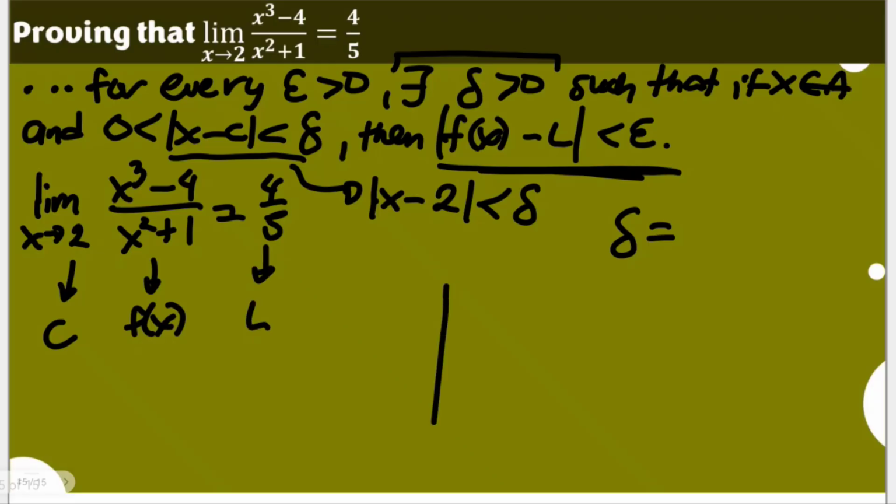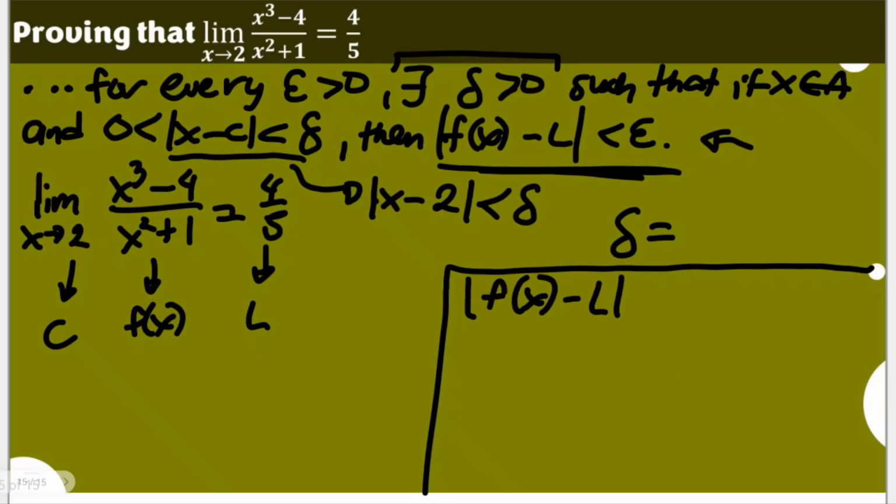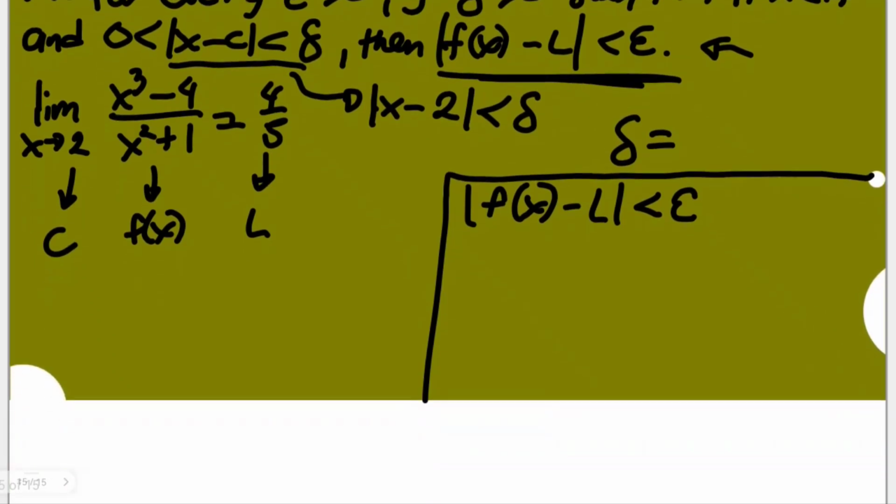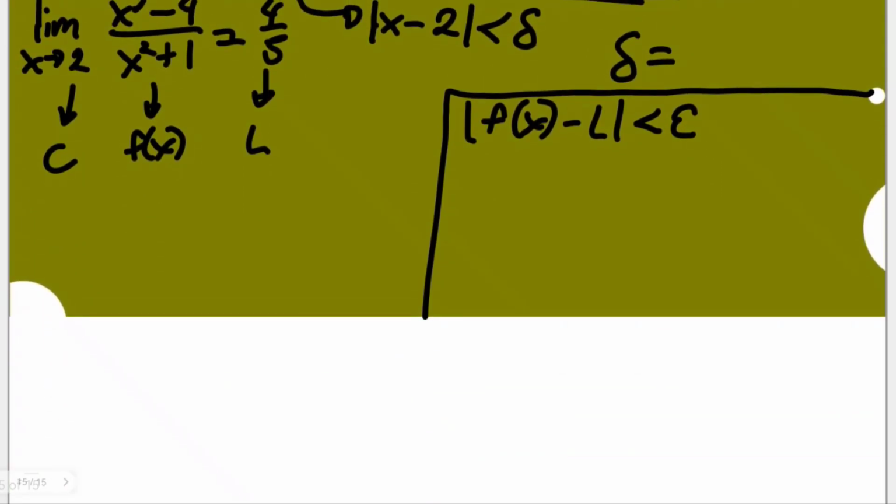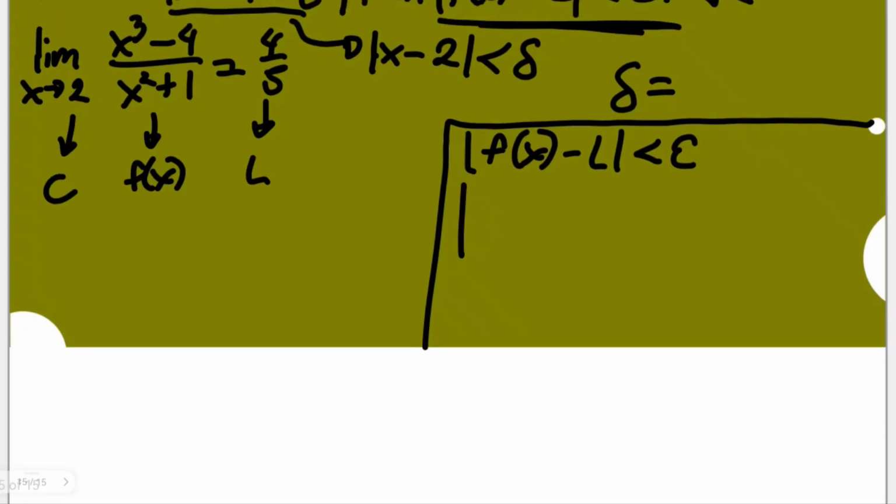So for working backwards, we would like to have this final form. We can have this scratch work here to see our target. And of course, at the same time, it will help us identify the representation of delta for the requirement of existence of delta. So by substitution, this is x cubed minus 4 over x squared plus 1 minus 4/5, still less than epsilon.